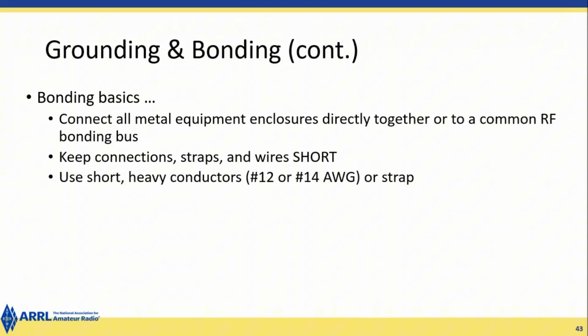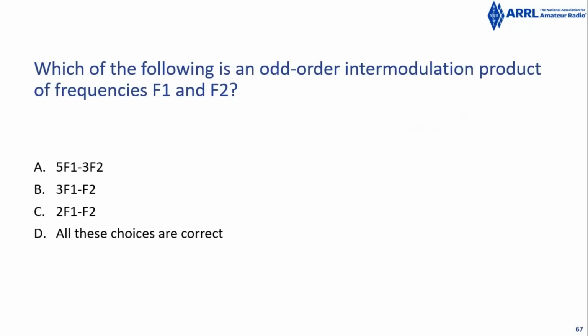What process combines two signals in a nonlinear circuit or connection to produce unwanted spurious outputs? Nonlinear, so that would be intermodulation. Which of the following is an odd order intermodulation product of frequencies F1 and F2? I think that's going to be C, 2F1 minus F2.